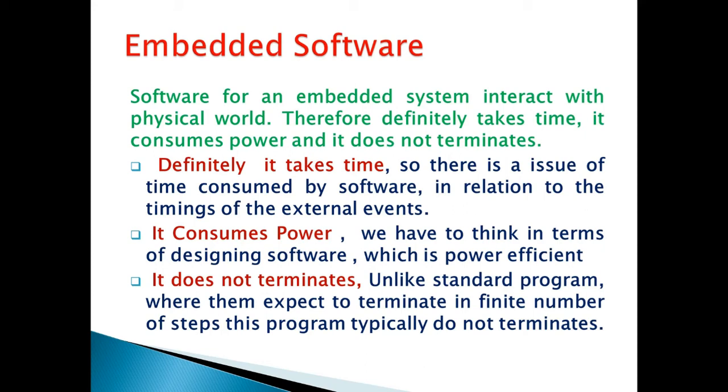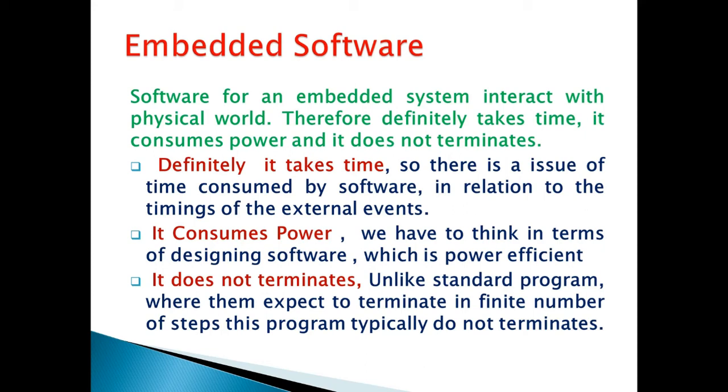It does not terminate. Unlike a standard program, where we expect termination in a finite number of steps, these programs typically do not terminate. So it takes time, it consumes power, it does not terminate.